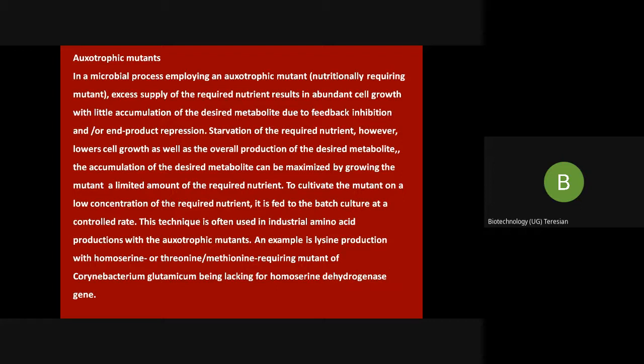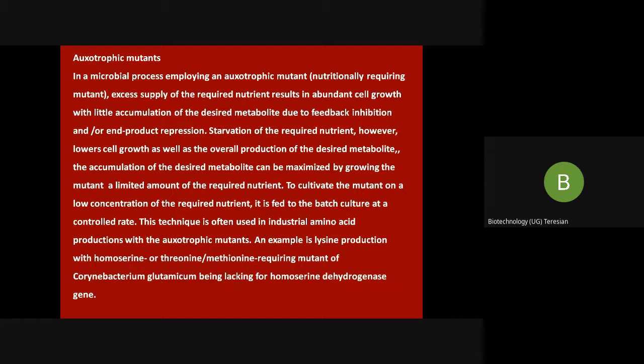But for auxotrophic mutants, the very word mutant says that some change has happened so that one particular amino acid cannot be synthesized by these organisms. In a microbial process employing an auxotrophic mutant, excess supply of the required nutrient results in abundant cell growth with little accumulation of the desired metabolite due to feedback inhibition.